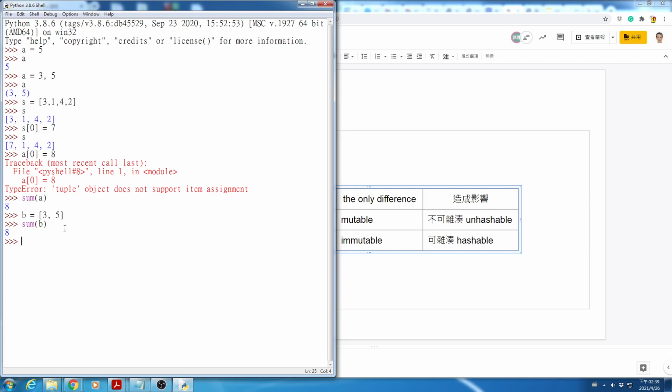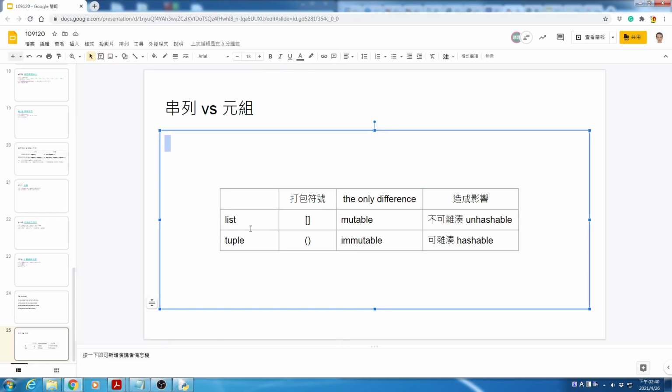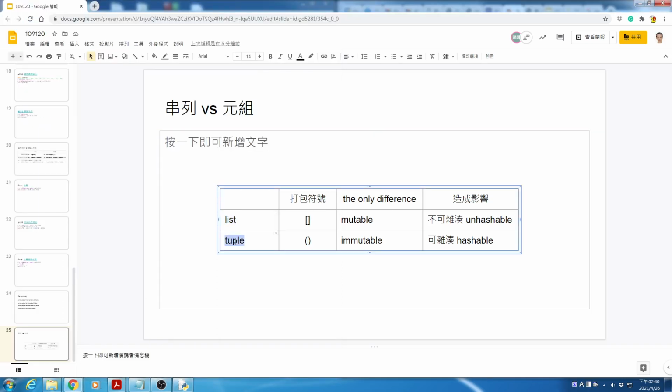We can still get the sum from B. Whatever you do to a tuple, you can do the same thing to a list. And why do we need a tuple? That's my question. We can always use a list instead of tuple.